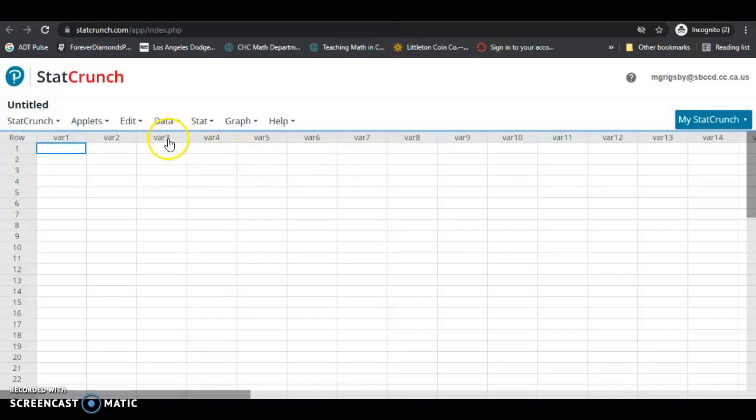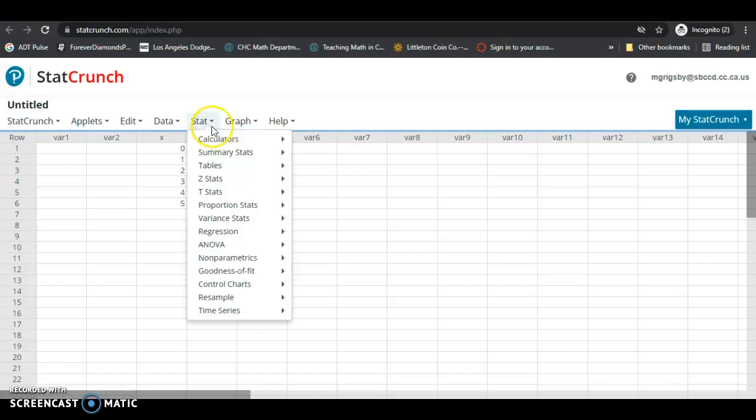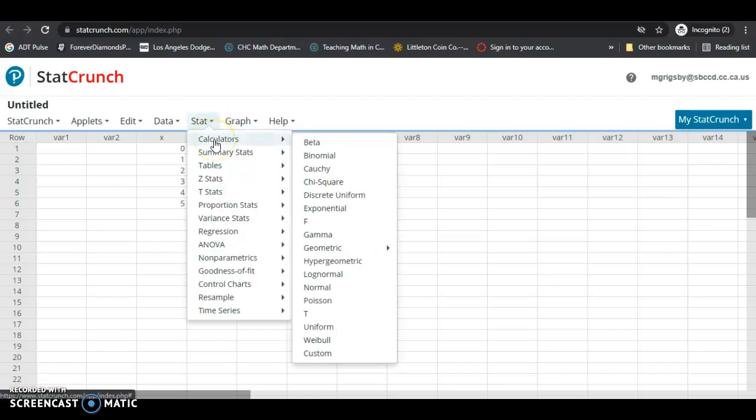Starting at the very top row, where we see var 3, var 4, and so on, we're going to click in there and paste it, so Control-V or Command-V. So we have the x values and the corresponding probabilities. Next we're going to go to the Stat menu and then select Calculators. We're going to go all the way down to Custom on the menu that pops up.